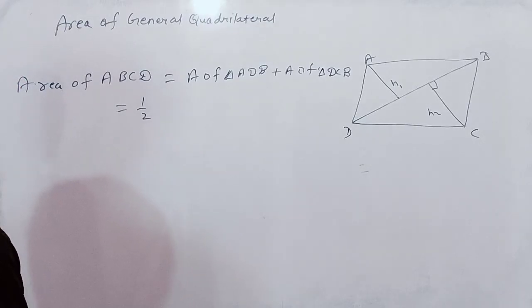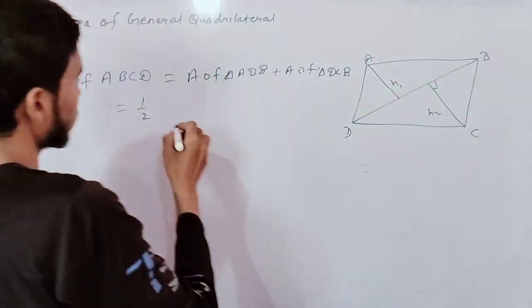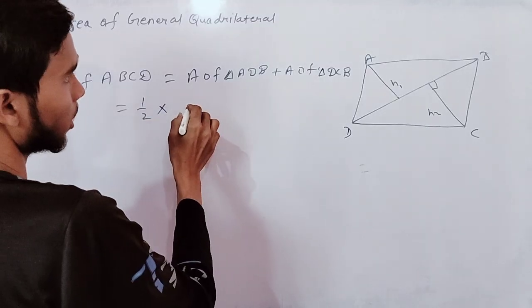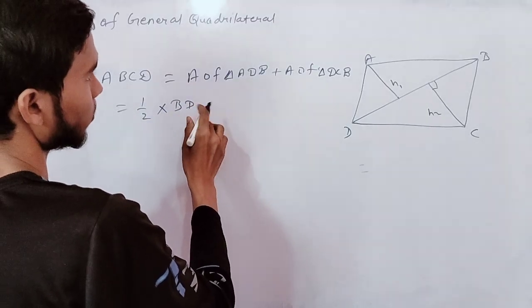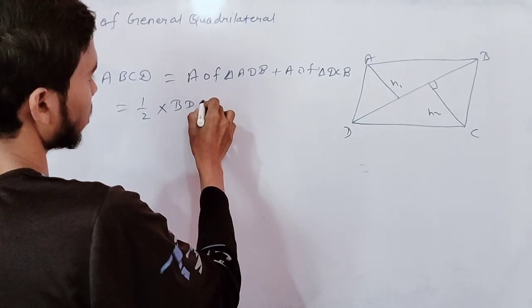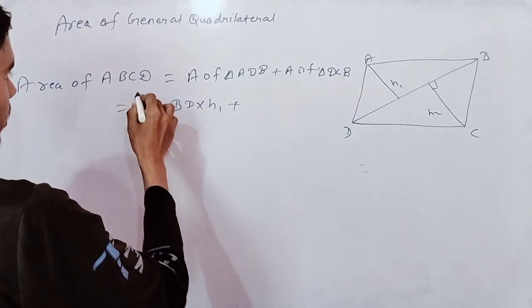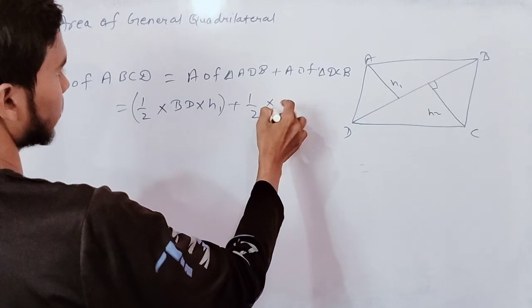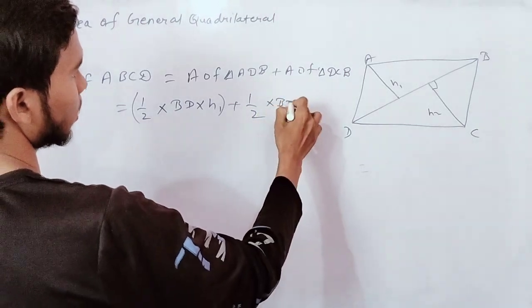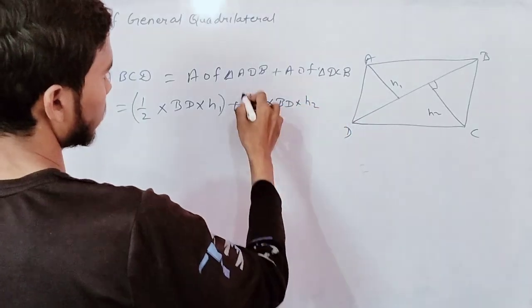Here, as you know, area would be 1 upon 2 multiplied by base multiplied by height. So base is this, BD, multiplied by h1, plus 1 upon 2 multiplied by BD multiplied by h2.